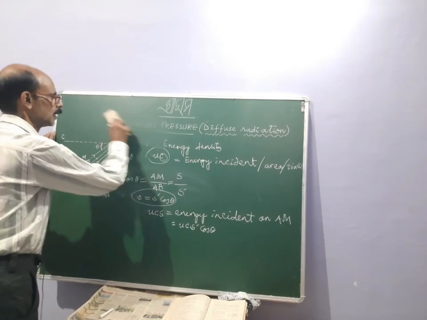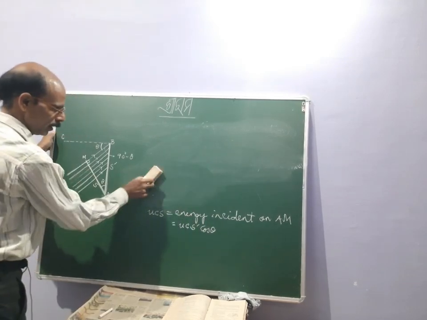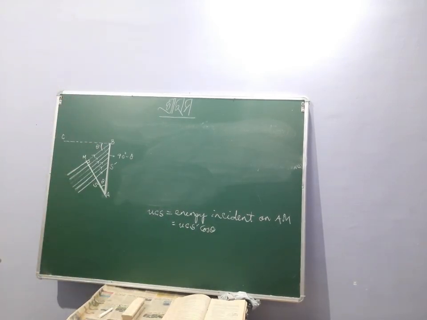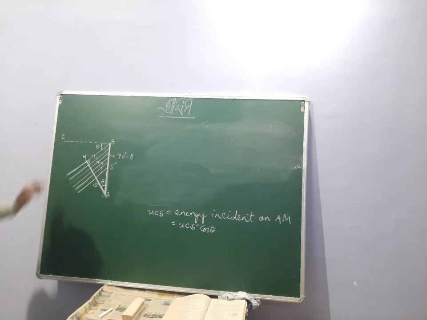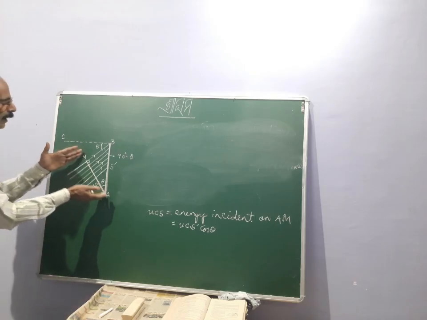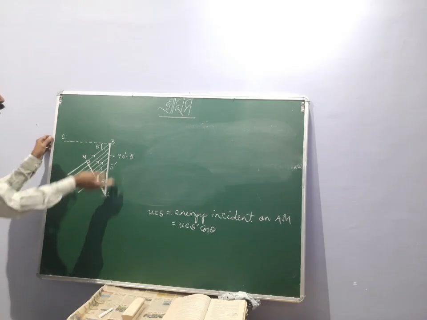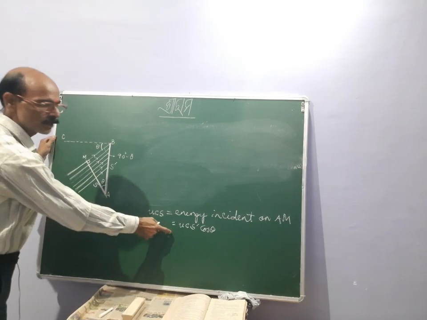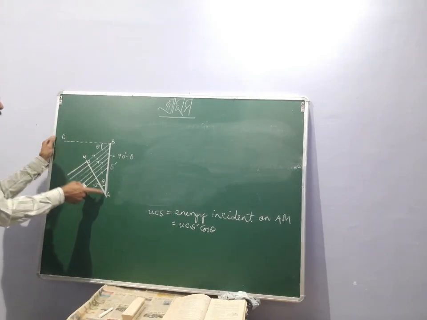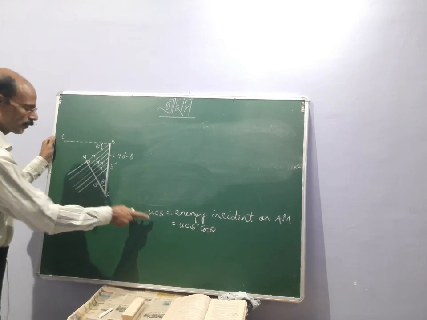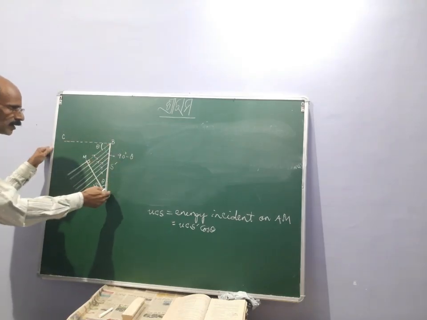Now come to this surface. Whatever energy is incident on AM, it reaches surface AB. Carefully listen. Energy incident on surface AM is UCS or UCS dash cos theta. The same energy is incident on the surface AB.